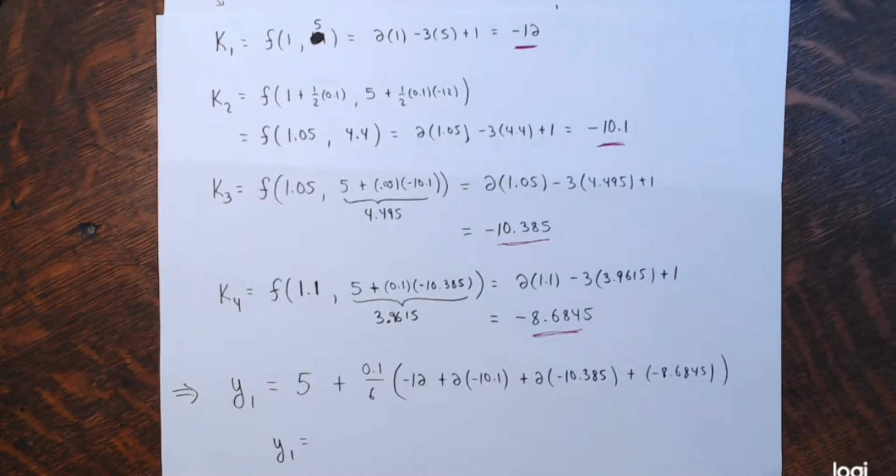So I'm just entering all this. 5 plus 0.1 divided by 6 times the quantity, negative 12, minus 2 times 10.1, minus 2 times 10.385, minus 8.6845, close the parentheses, and we're getting 3.972425.